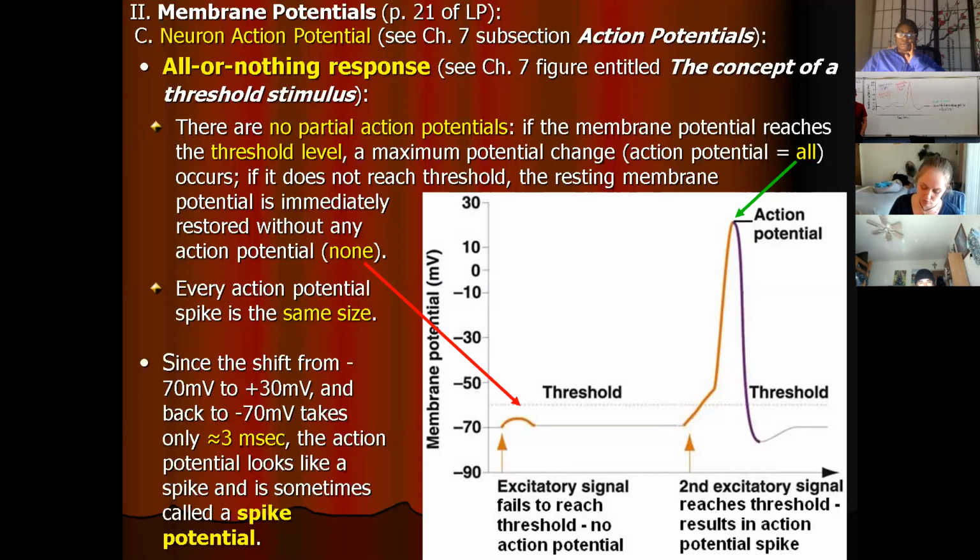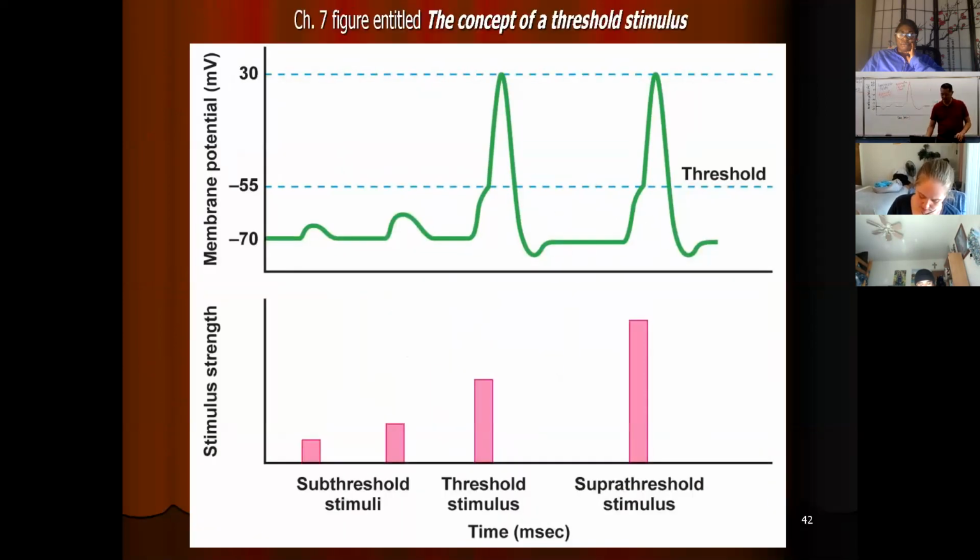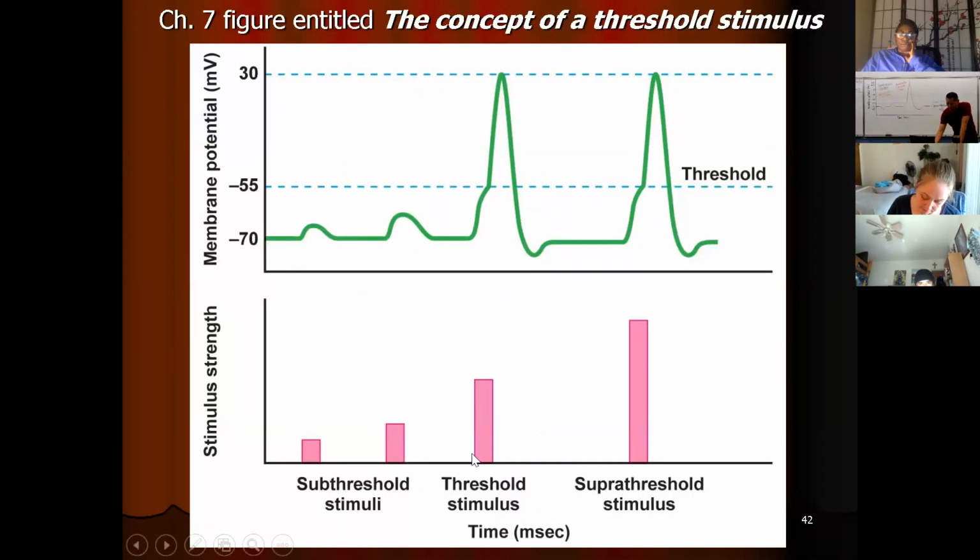And it shows you the large spike. You can see it on the slide. Okay. Again, if it's a subthreshold stimulus, and these terms are on page 22, it doesn't reach minus 55, it goes right back down to resting membrane potential. But if you hit threshold, boom, you'll get the spike.